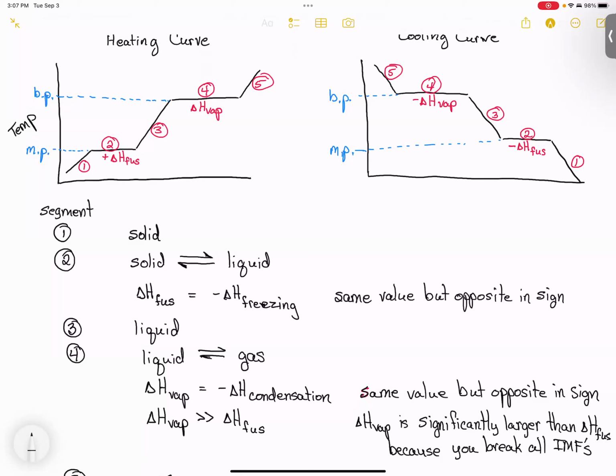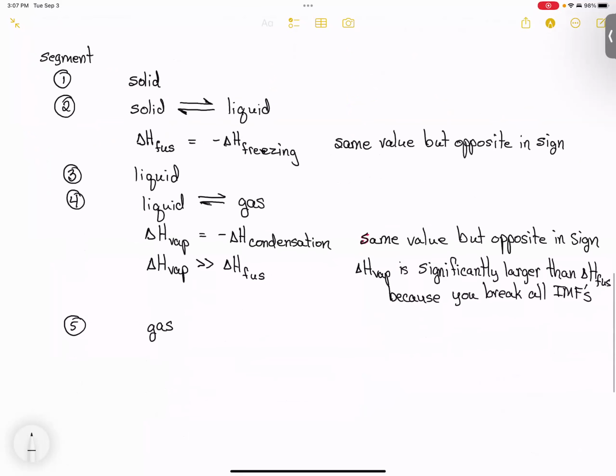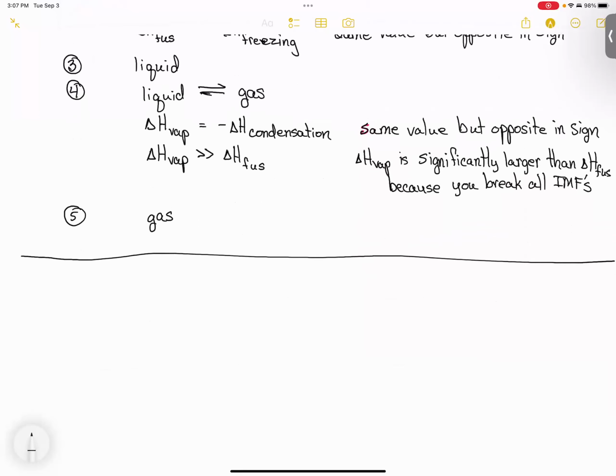Now, while I want you to be able to interpret the graph, I also want you to be able to do some calculations with the graph. So I'll give you my process to perform calculations with heating and cooling curves.